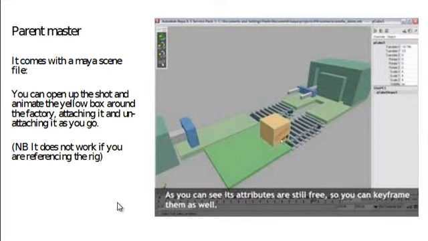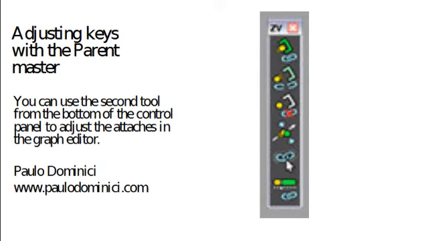Note that if you're referencing a rig, which is to say you're not actually importing the rig into your shot but just referencing it from another file, then the Parent Master does not work. But you shouldn't have to worry about that, since we don't use the referencing technique in this course. We just import the models into the shot. You only really have to worry about referencing when you're working on production.